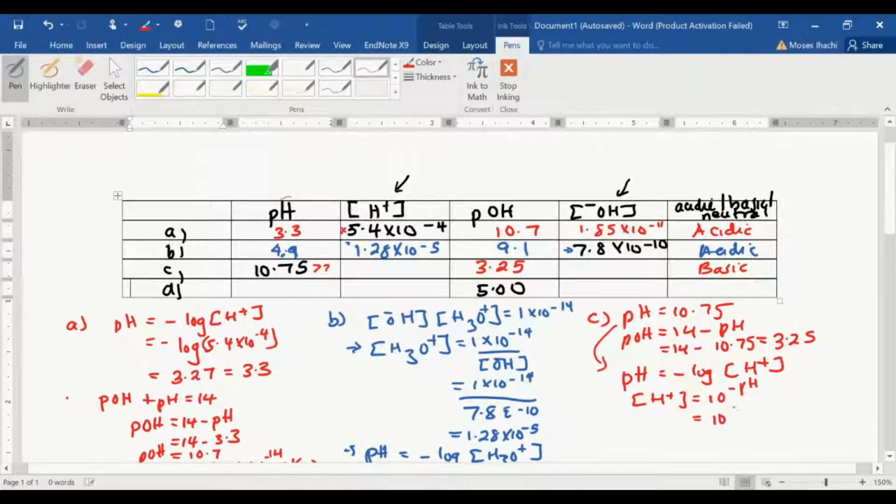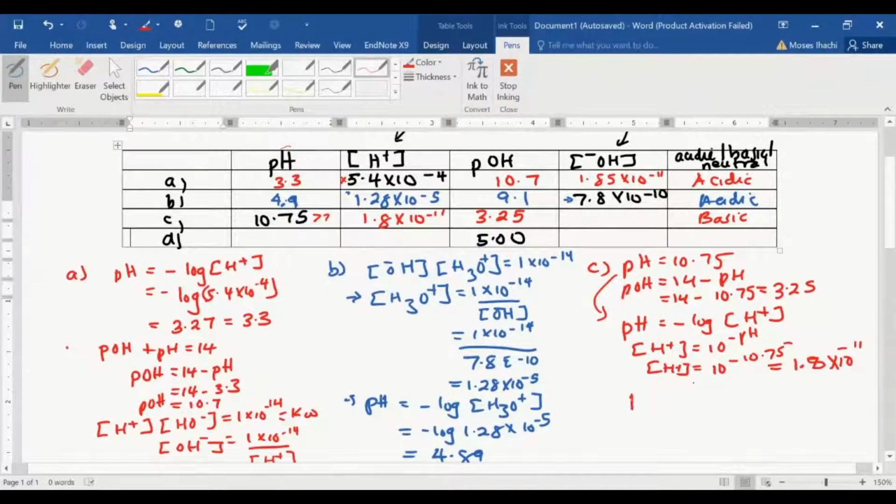In this case it is the antilog of negative 10.75, and I'm getting it to be 1.7, or let me say just 1.8 times 10 to the power negative 11. Okay, that's the concentration of the acid, 1.8 times 10 to the power negative 11.